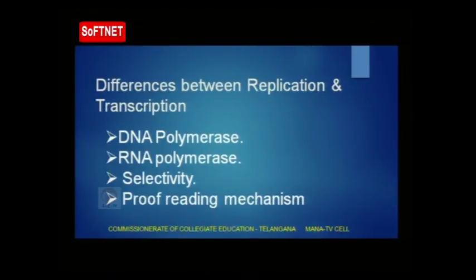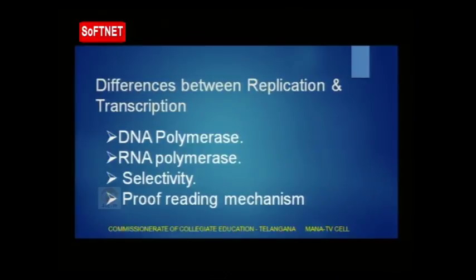During replication, the entire genome of the species will undergo replication, so that the entire information in the parent cell can be transferred to the daughter cell. But the first level of gene expression is the transcription process.